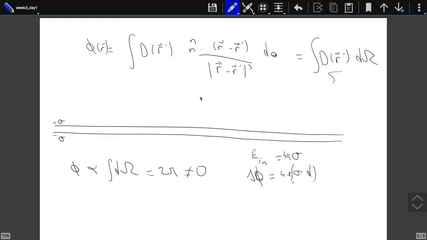Sigma times d is what we call the dipole density. So this is the potential difference between this point and that point. So the lower half plane has a constant potential, our upper half plane has a constant potential, and hence the potential cannot go to zero at infinity.